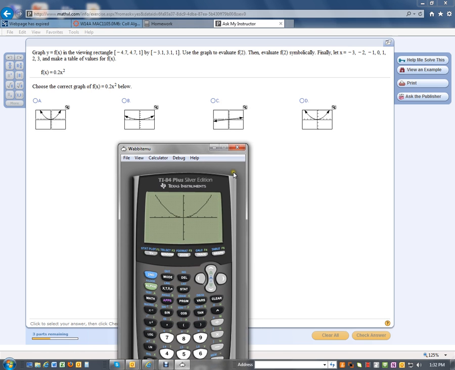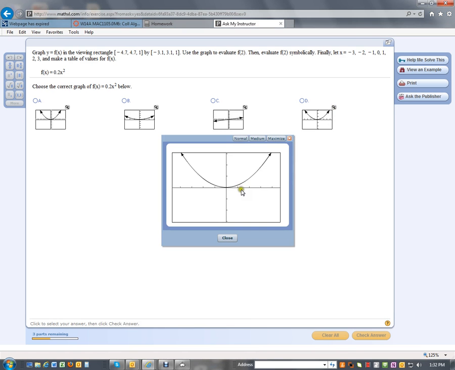I will then match up what I see with my available pictures, A, B, C, D. It's very important not just to have the correct curve, which could really be A, B, or D, but look at the scale. I have 1, 2, 3, 4 hash marks available in the X direction. On D, you'll notice 1, 2, 3, 4 hash marks.